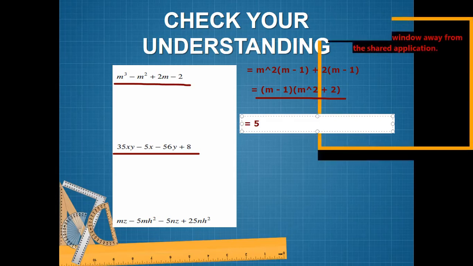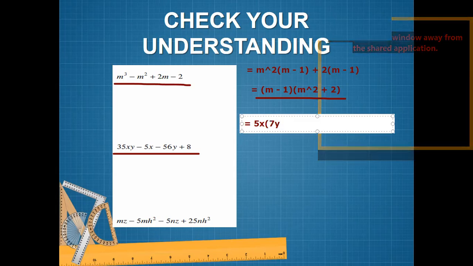Then xy minus x, that's x, multiplied by the factor that you're going to multiply to 5 to become 35, that's 7. That's 7y minus 1.